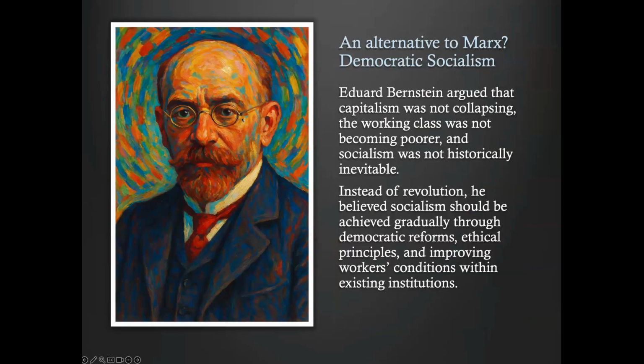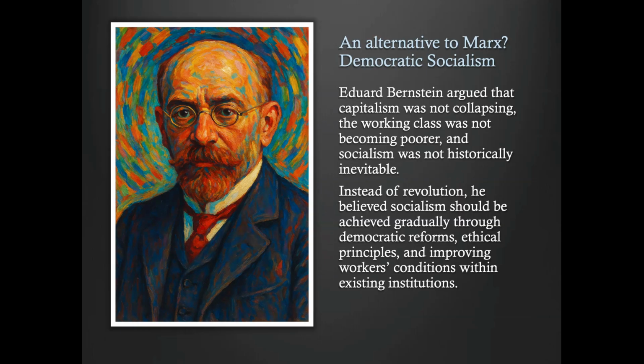Now, an alternative to Marx: democratic socialism. Anybody who's a democratic socialist today, this is pretty much what we're talking about. And this is an alternative to Marxism. Edward Bernstein argued that capitalism wasn't collapsing, as Marx had predicted.